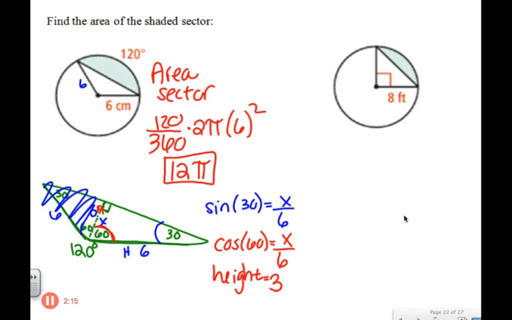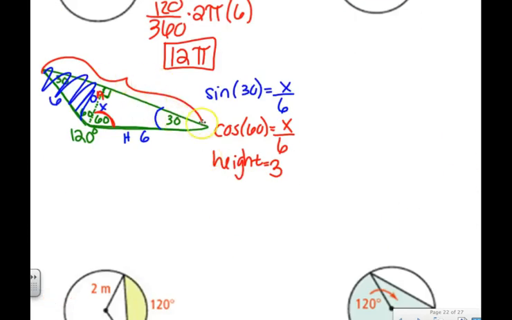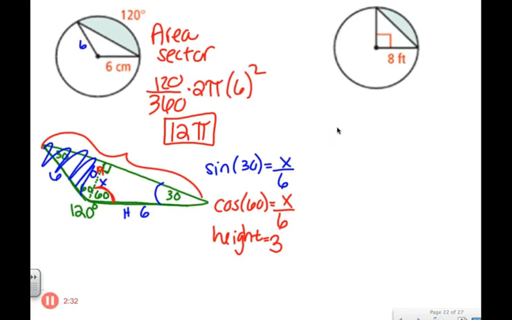Now the base. This is the base of the triangle. They didn't give it to me, so I have to find it. The good part is if I find this piece right here, I can double it to get the other part of the base. So I'm going to have to use trig again. Instead of looking for the height now, let's call this y, because I'm looking for the base. Again, I can set up two separate equations.